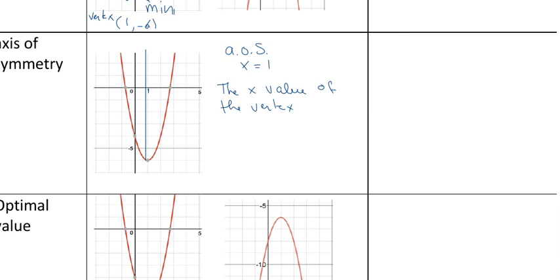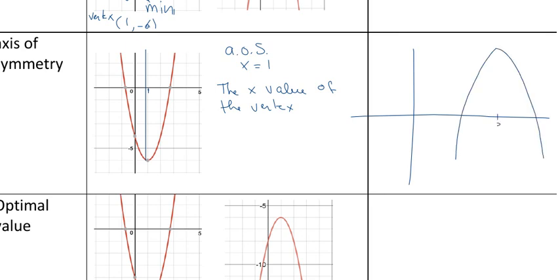So let's say if I have this, my vertex here is 3, 4, right? If I'm going to draw an axis of symmetry, it's going to be going down here. It's passing through 3.